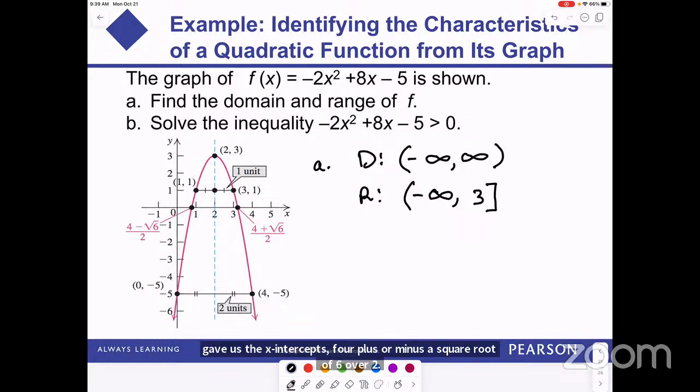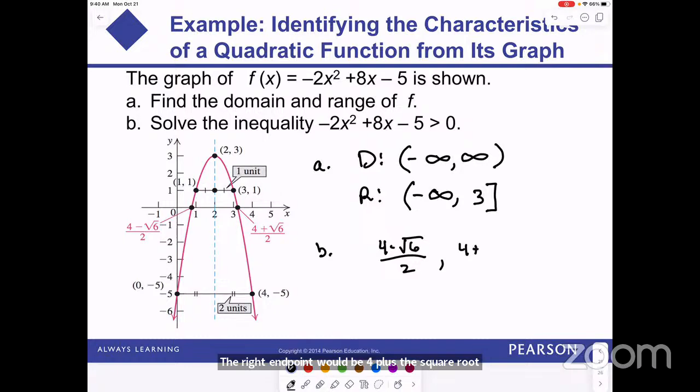So for B, the solution would be all points between. If you want to be strictly above 0, the left endpoint would be 4 minus the square root of 6 over 2. The right endpoint would be 4 plus the square root of 6 over 2. And we would use parentheses. So we're basically talking about all the points in between.